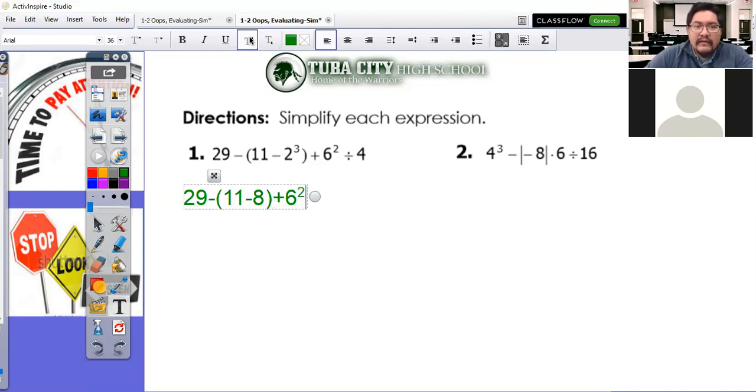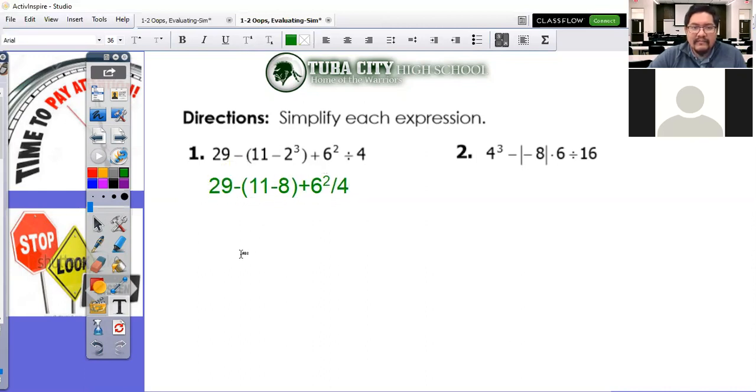All right, and now I'm going to go ahead. Now I don't have a division symbol here, so I'm going to just use the slash symbol. Although if you're writing this, you should probably write that division symbol. I think it'd make a little bit more sense. All right, but for this one here, I'm going to just go one step at a time just so people don't get lost.